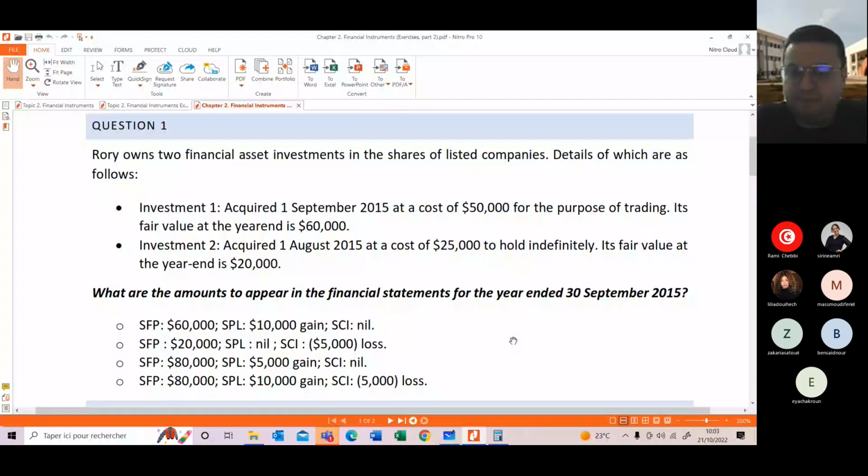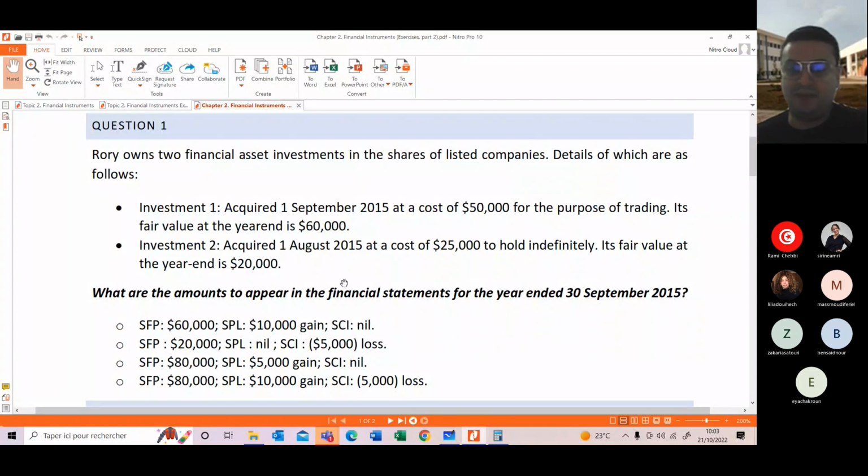This keyword is important: purpose of trading. Obviously, when you say the purpose is trading, of course you are going to use fair value through profit and loss, because any gain or potential loss, just on the fair value adjustments, is going to go through profit and loss.